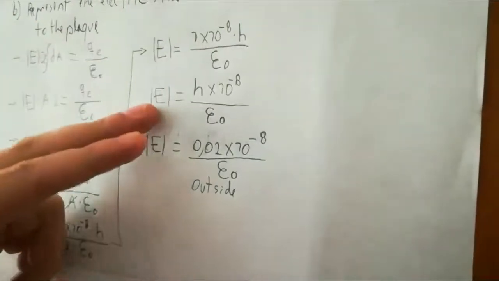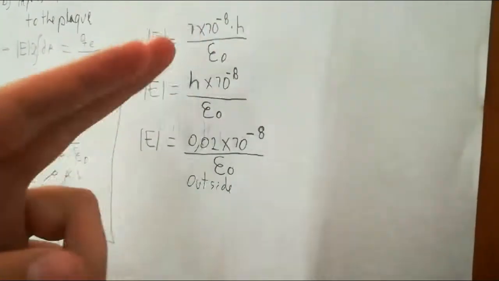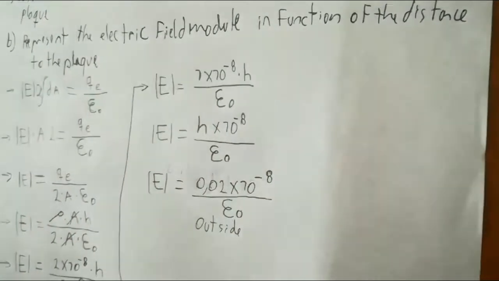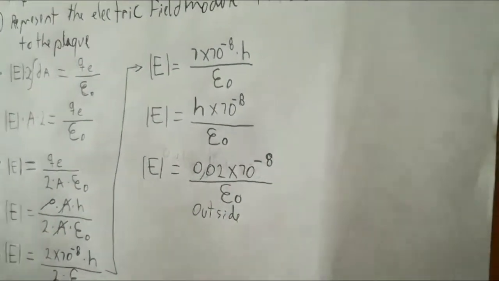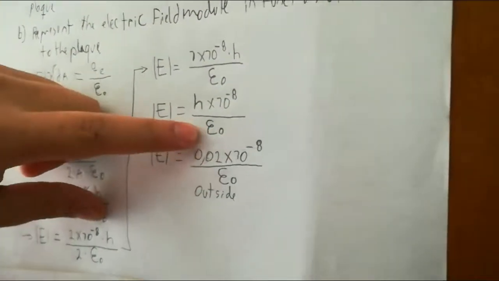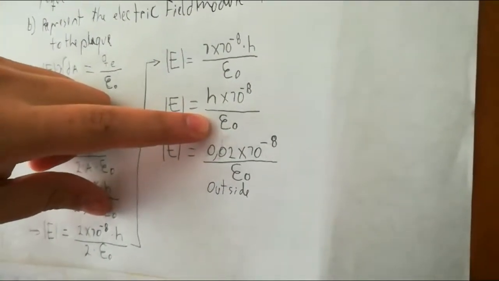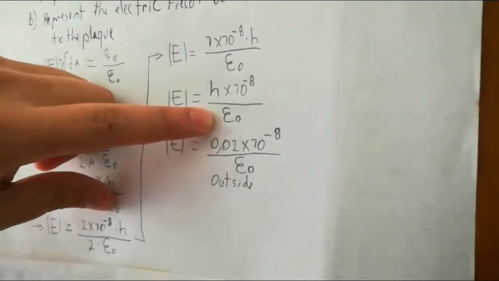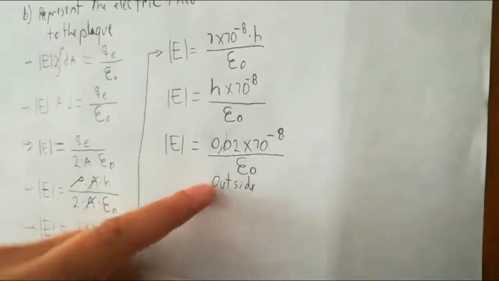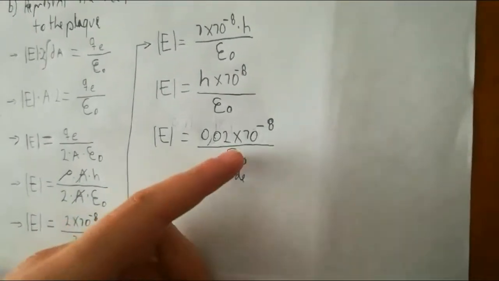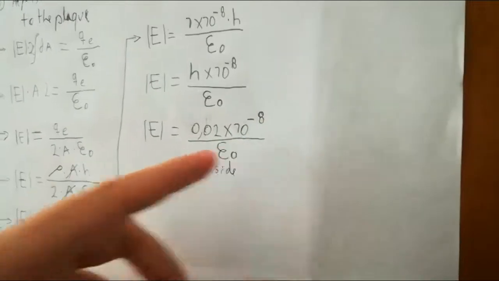So after this, we're going to multiply this expression over here, and we're going to get that H multiplied by 10 to the power of -8 over epsilon 0, the permittivity of the vacuum, is going to be equal to 0.02 multiplied by 10 to the power of -8 over epsilon 0.